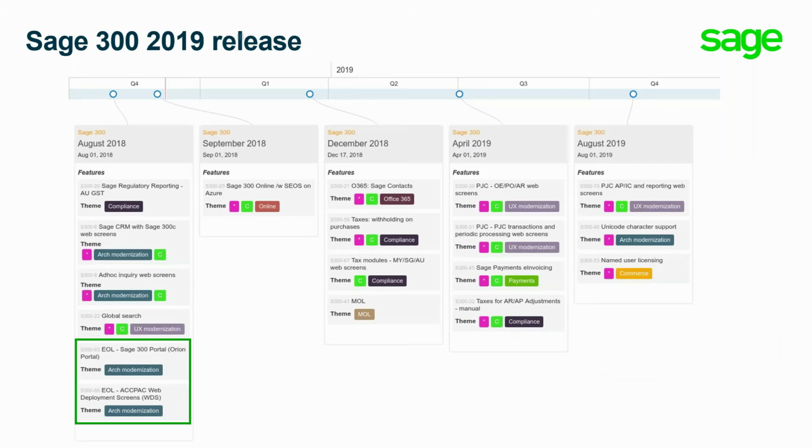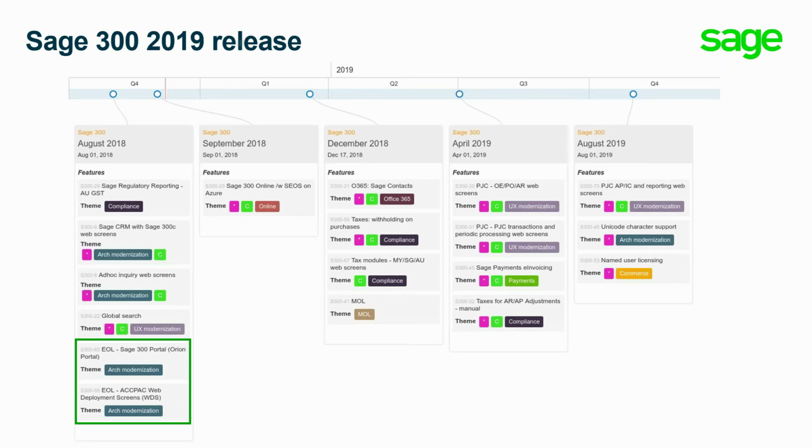Now again, as I mentioned before, the Sage 300 portal and the AppPack web deployment screens have been end of life. They're not going to be used in the Sage 300 2019 and forward with the Sage CRM integration. They are still going to be supported for the Sage 300 2018 with the Sage CRM 2018 R3 release.